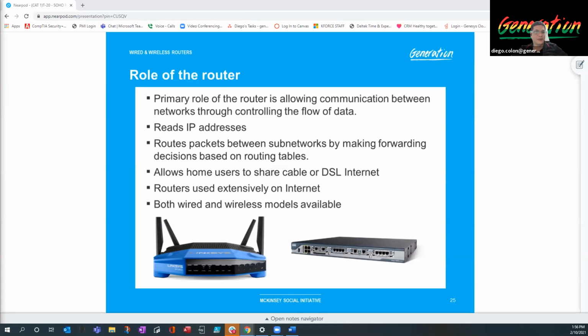Any questions or doubts? On the left here is what you would see as your SOHO router. It can usually be managed by yourself. Obviously, the one on the right is much more sophisticated and can handle circuits, while this one here is usually a DSL or cable SOHO router.